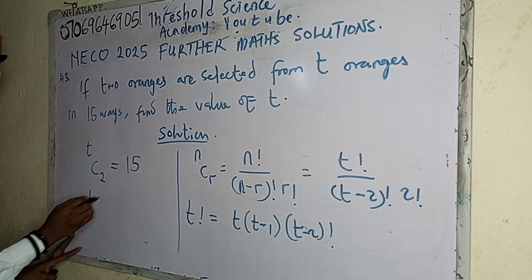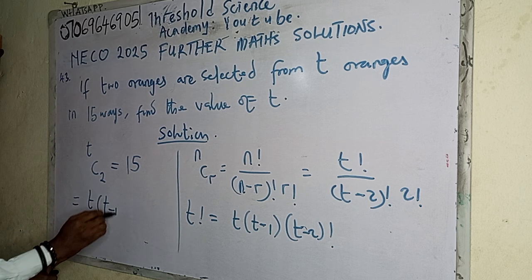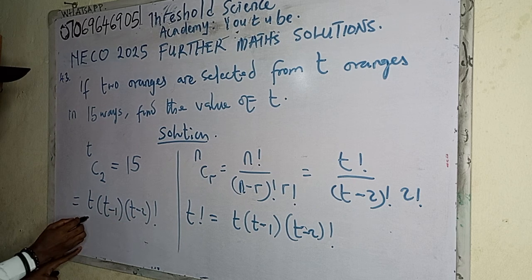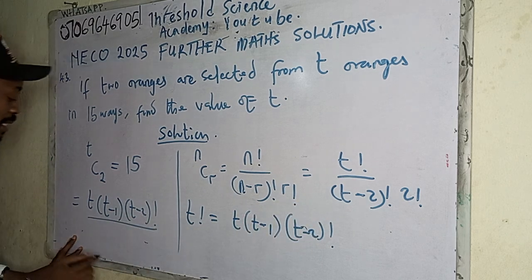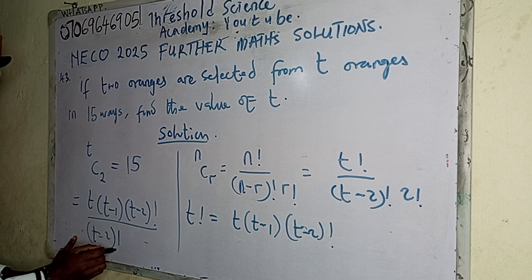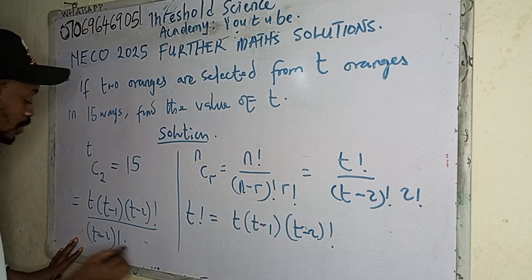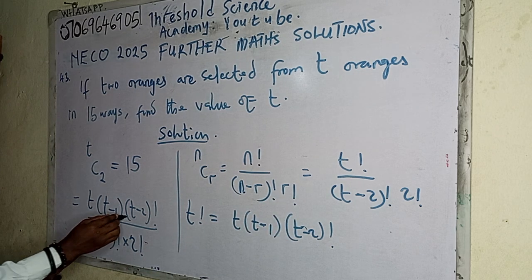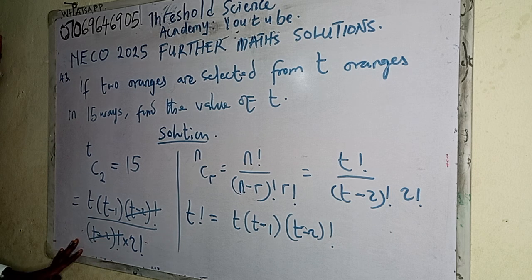So this is going to become T multiplied by T minus 1 multiplied by T minus 2 factorial, all over T minus 2 factorial times r factorial, which is just 2 factorial. So I'm going to leave it like that. Like I said, T minus 2 factorial will cancel out T minus 2 factorial.